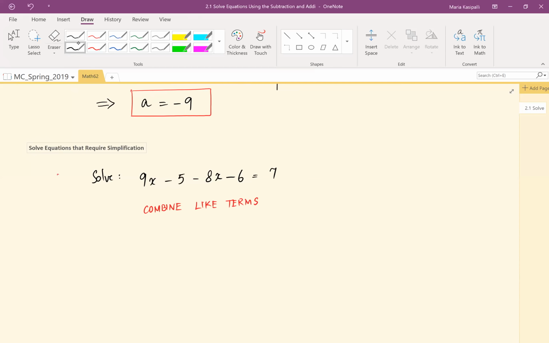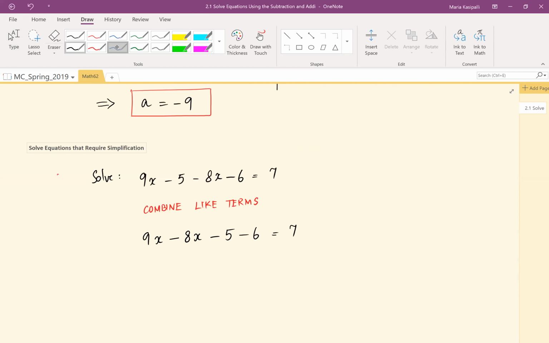So I look at 9x and the 8x, and I want to bring them close to each other. I take the -5, the -6, and I bring them close to each other. Now this is permitted because we have the commutative property that allows us to do it. Without a proper property, without a good premise, we cannot just like that move things around. We're able to move them around because of the commutative property.